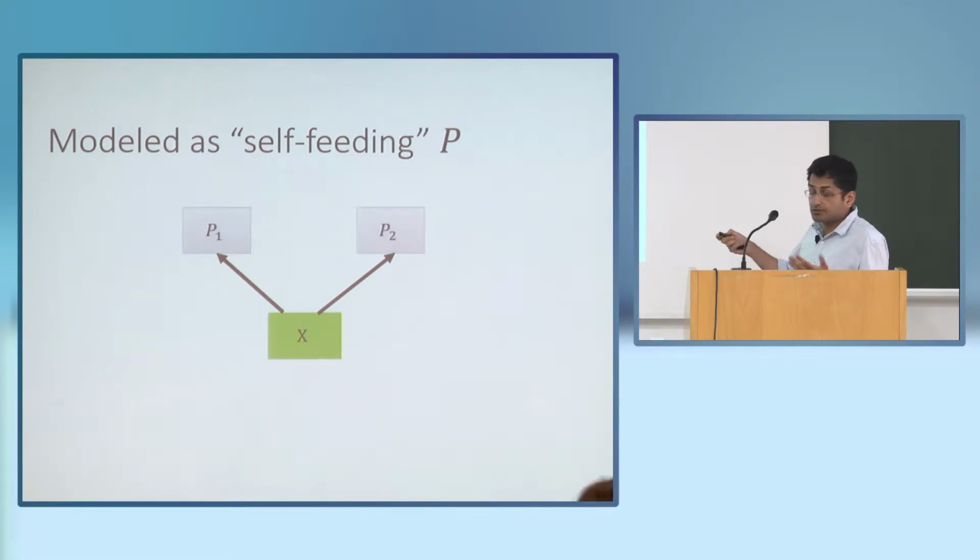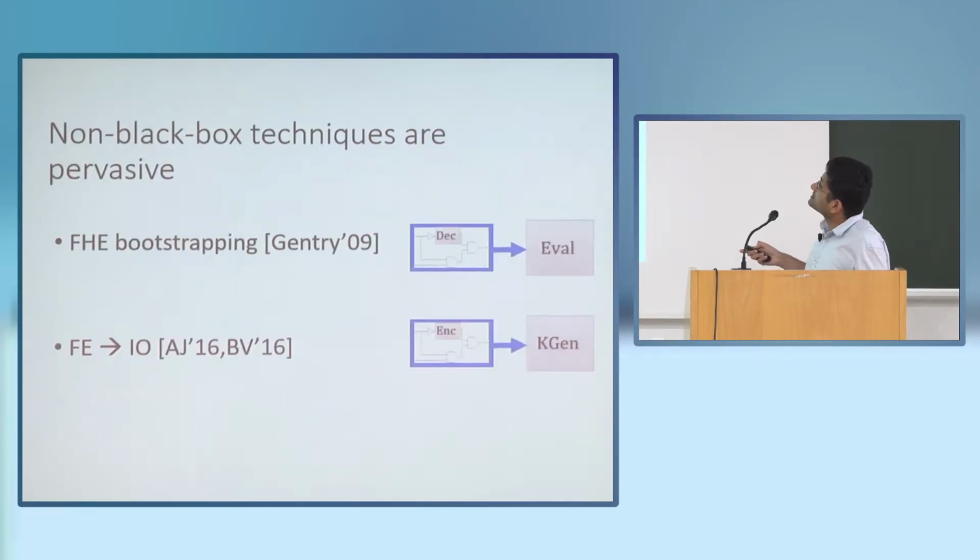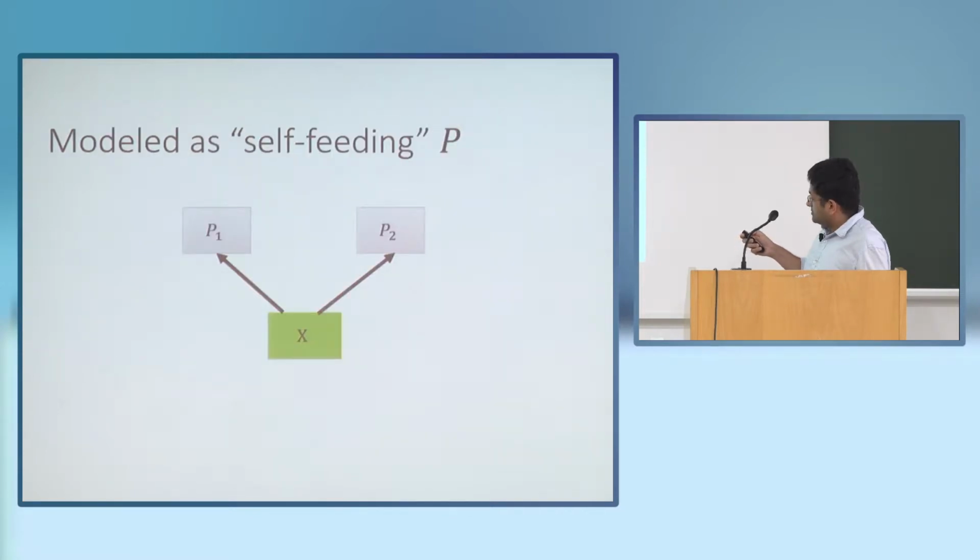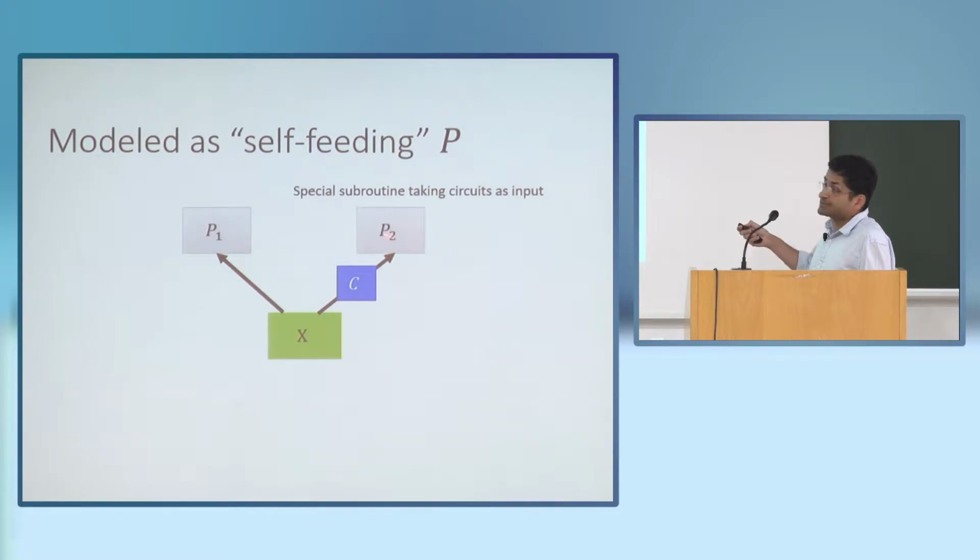So I have a general primitive P that comes with two algorithms, P1 and P2, and I'm trying to construct a different primitive X given this primitive P. Now consider this setting where this primitive is special in the sense that one of the inputs it receives when you execute algorithm P2 is an arbitrary circuit C. So any construction of a primitive X that uses P2 could execute this algorithm P2 on some input circuit C. Okay?